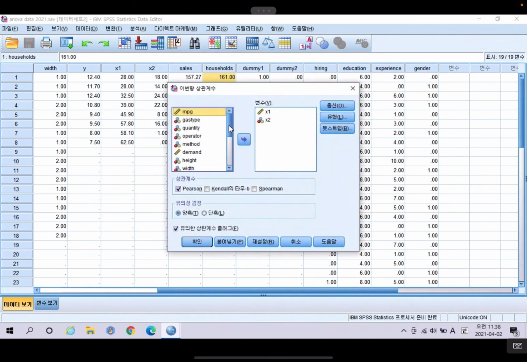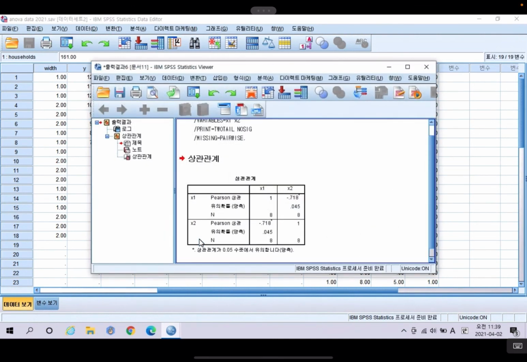You move the variables that you want to know whether they have high correlations to the right. And then you click enter, and you'll have the correlation coefficients.